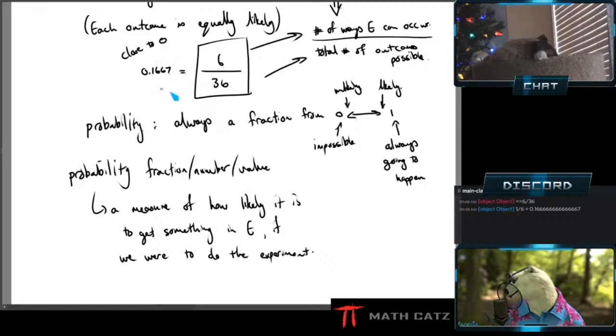Closer to 0 than it is to 1. Much closer, right? And I therefore conclude it's quite unlikely. If I'm going to do this experiment, if I'm rolling 2 dice, I don't expect to get a double. I could, there is a chance, but it's not very likely.